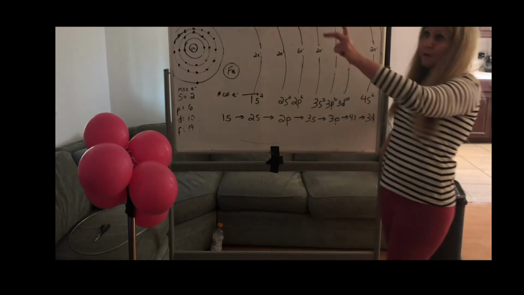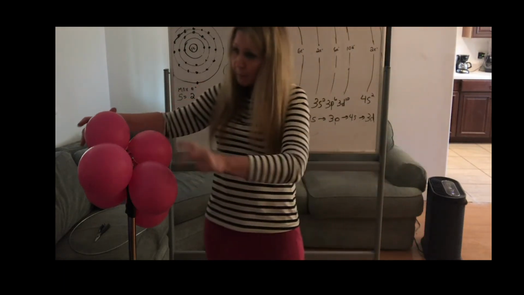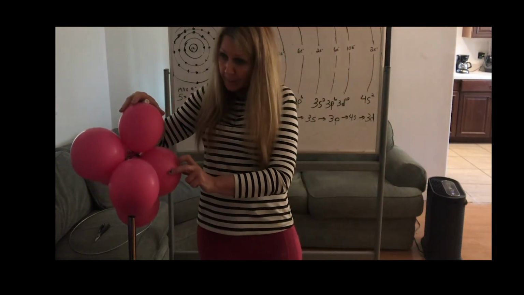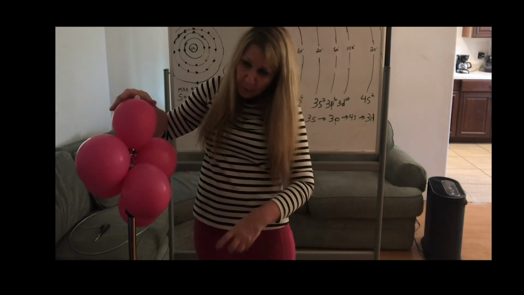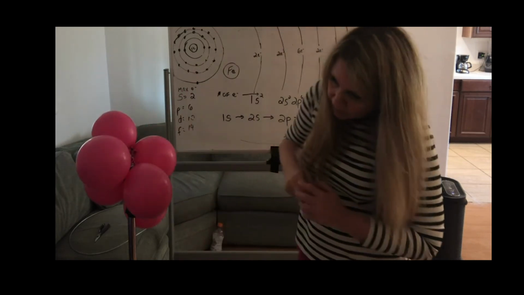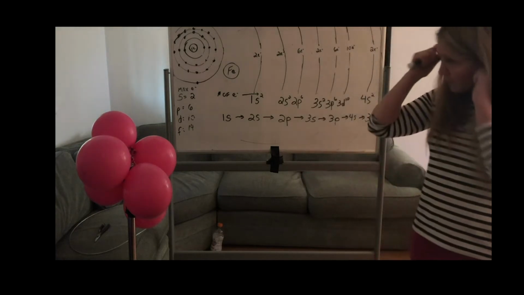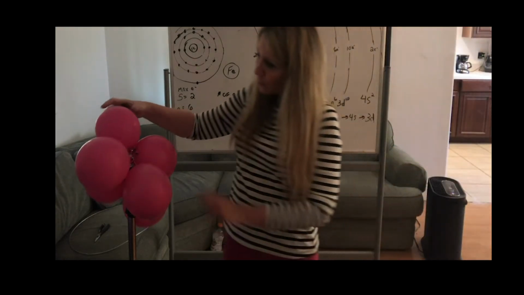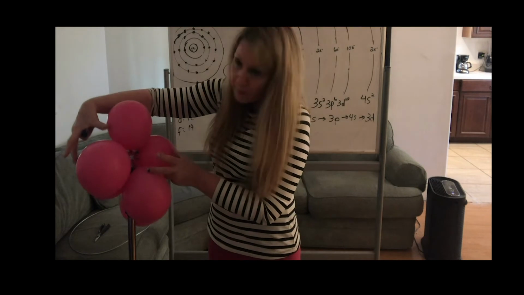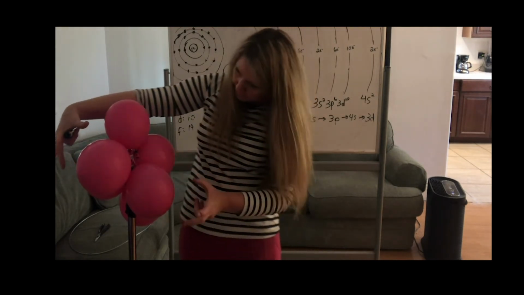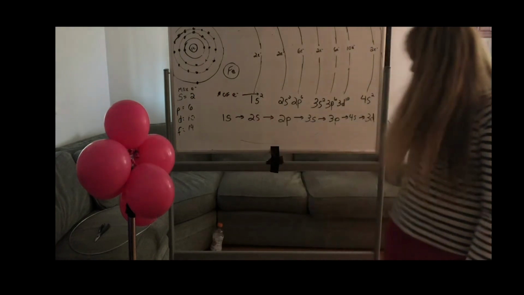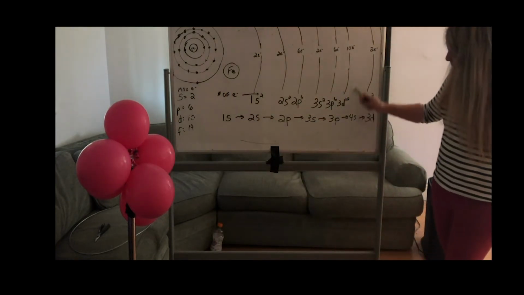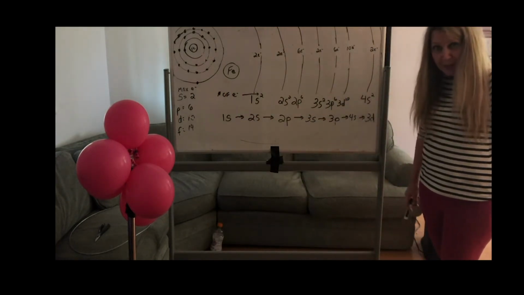So it would look like a larger version of the P, but you would have 2 more orbitals. So you would have 2 balloons here, 2 balloons down there, so it would fill up the space. It holds a maximum of 10 electrons.